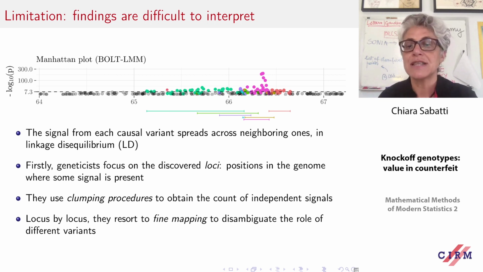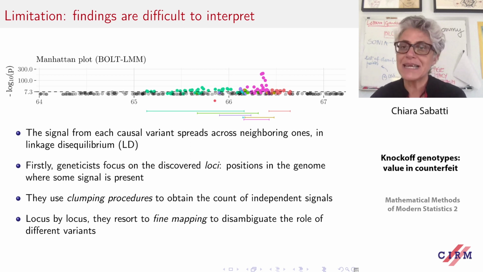Now, there are lots of points here that pass what would be the significance threshold. So very many SNPs seem to signal some association. What are the different colors here? The different colors represent an interpretation that geneticists do of these different SNPs. What's happening is that there may be even only one causal variant in this region.